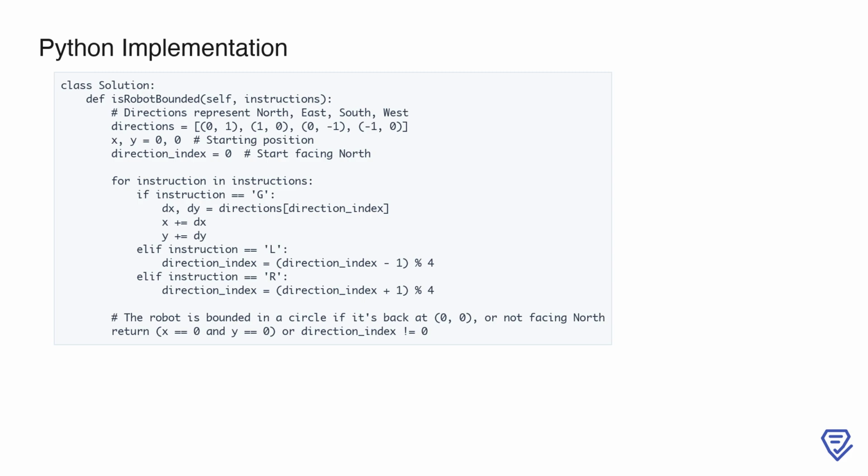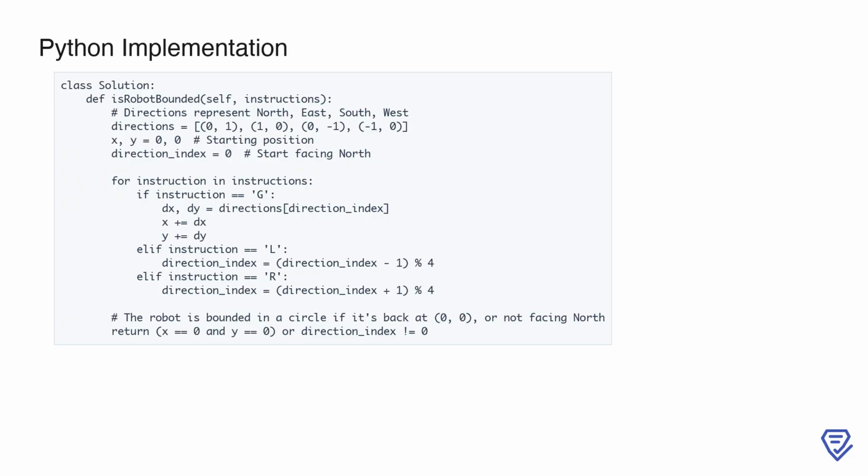2. Instruction processing. We iterate over each character in the instruction string. If the instruction is G, the robot moves one step forward in its current direction. The direction is determined using the direction_index. The corresponding dx, dy values are added to x, y to update the robot's position.